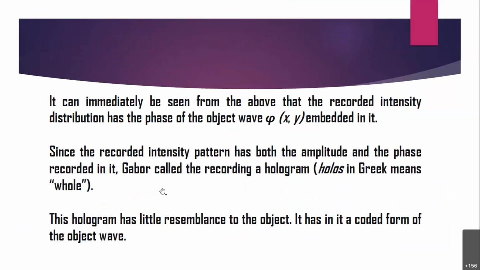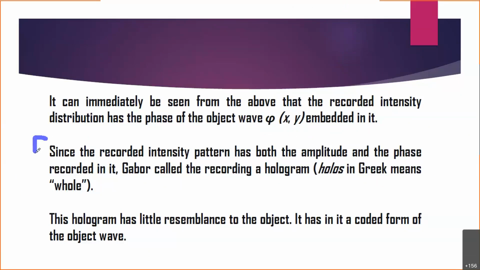Let me move on. The same result I have written over here, that it depends on the angle also, the phase component also. And you see again in this second line, the recorded intensity pattern has both amplitude and phase, as we have just seen in the final line. So Gabor called the recording a hologram.